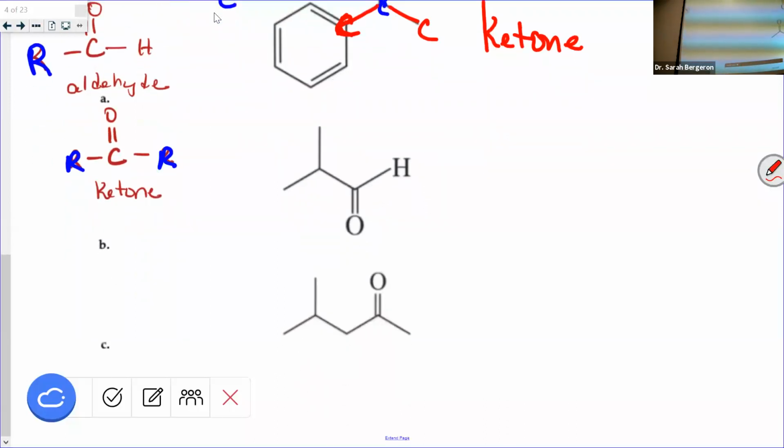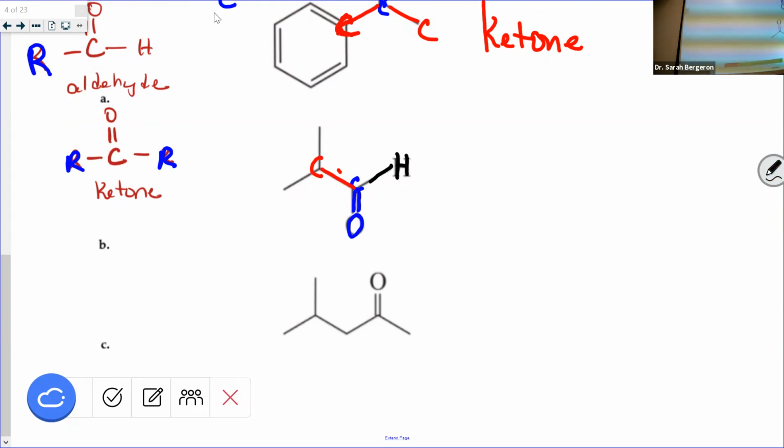Okay, my next one, what am I looking for? Identify your carbonyl. Look at the carbon of the carbonyl. How many R groups or alkyl groups are attached? Be careful with this one. Only 1. What's attached on the other side?